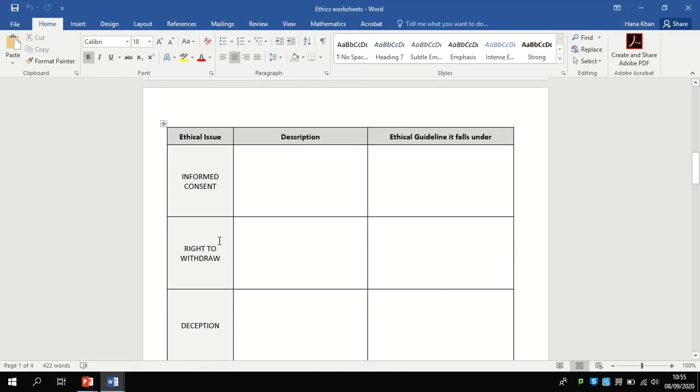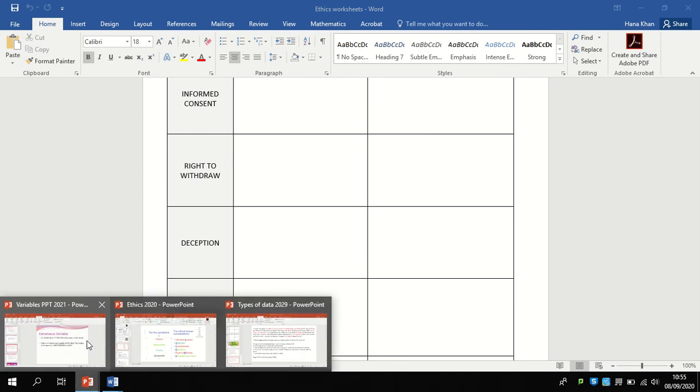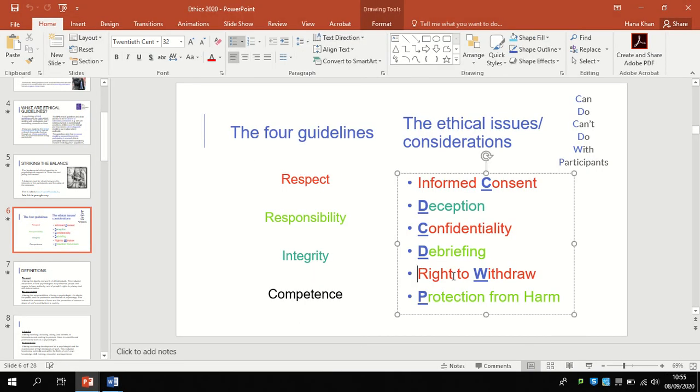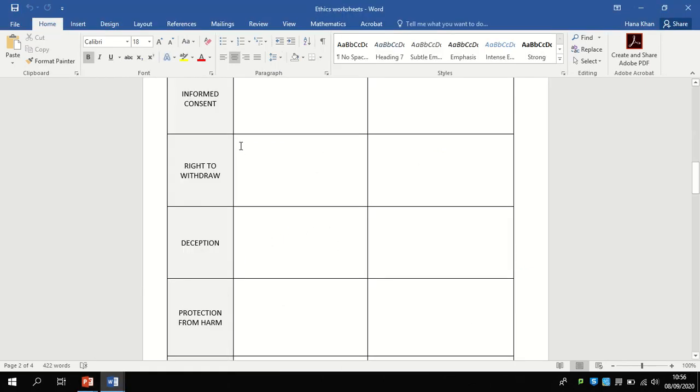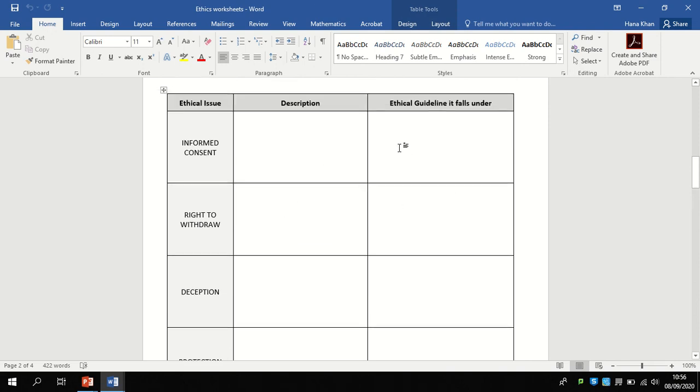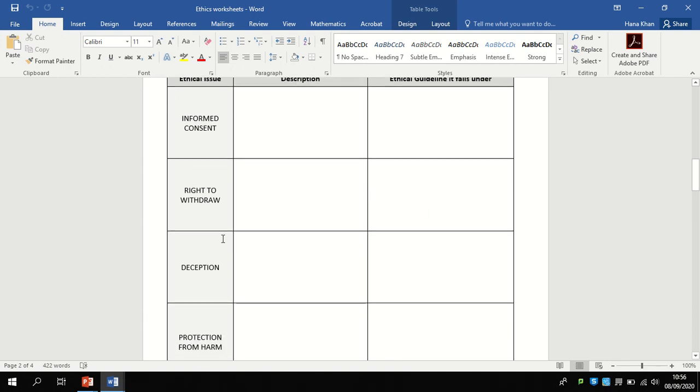So if, say for example, we have something that falls under respect, such as the right to withdraw, when you find out what right to withdraw means, you can write in the description of right to withdraw here, and then you can write that it falls under the ethical guideline of respect, and tell me what respect means.